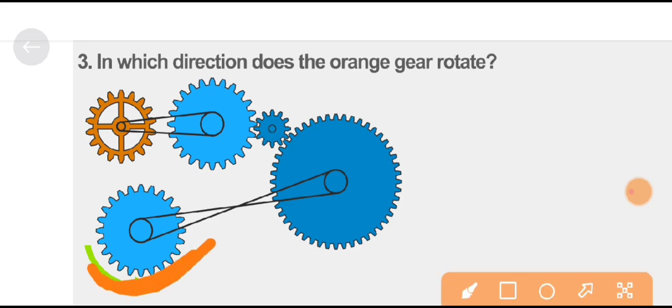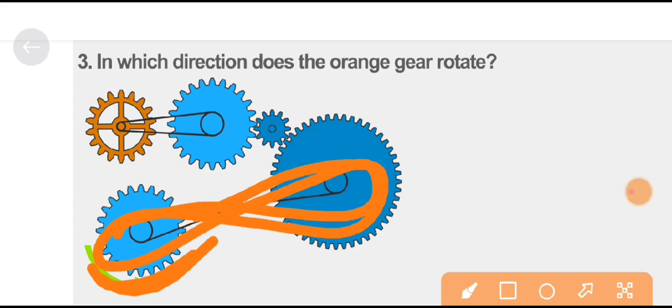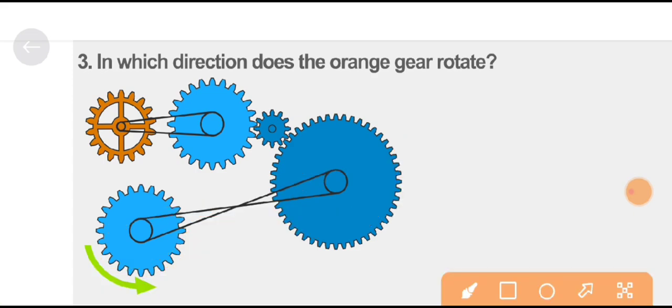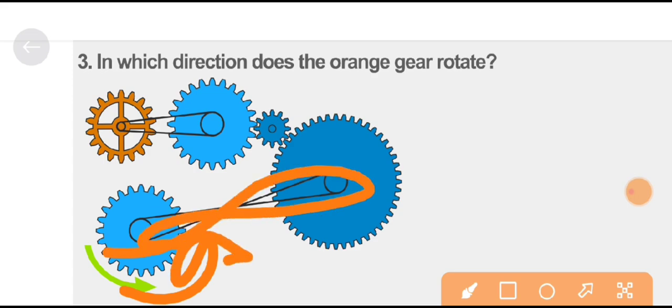The direction of this gear is given and it is attached with a belt. Here our direction will be changed. It is anti-clockwise, and due to this belt the direction will change and become clockwise. Now externally, clockwise becomes anti-clockwise.